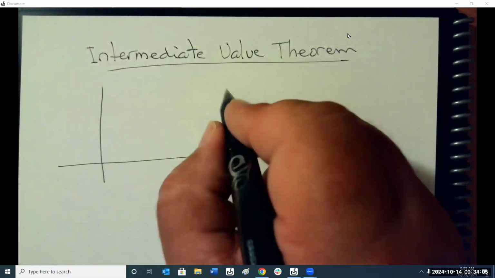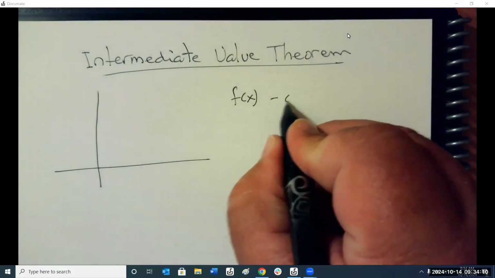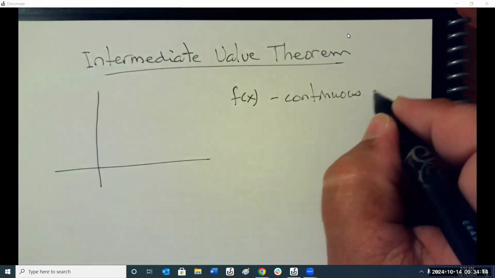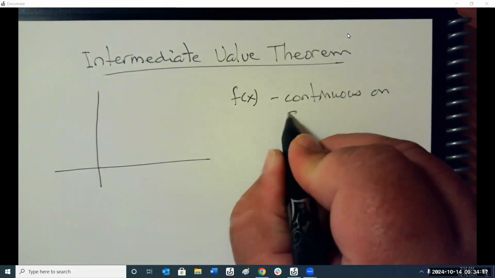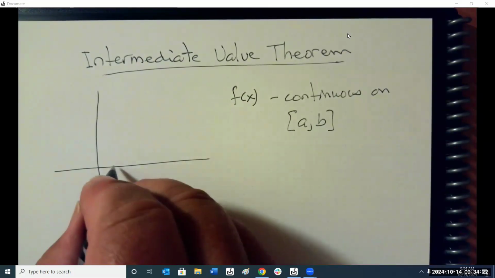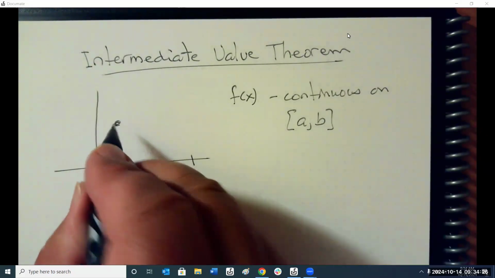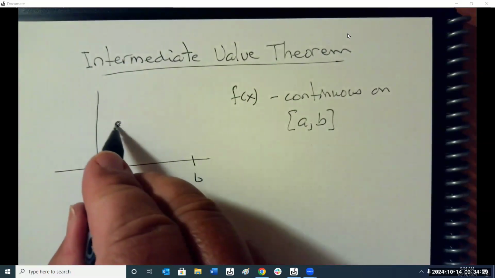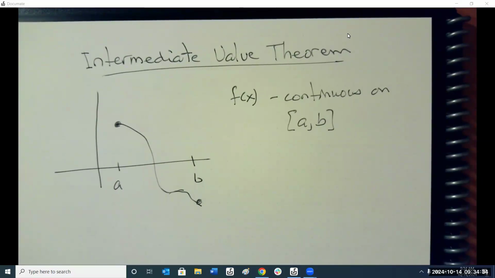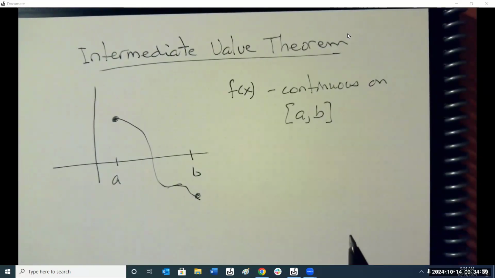If you have a function, f of x, and it's continuous on some domain, so here's A, here's B, it has to have a point at both ends, and there can't be a break anywhere inside there. So it has to be continuous on A and B.